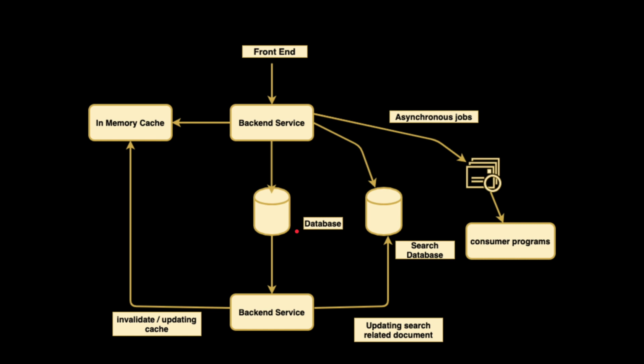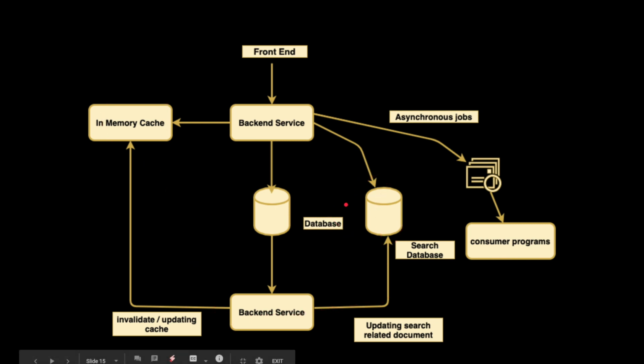So if an insert or update or delete event happens inside this database, it will pass the data to the connector in between here, and it will trigger the backend service. So it will then update the in-memory caches or the search databases.